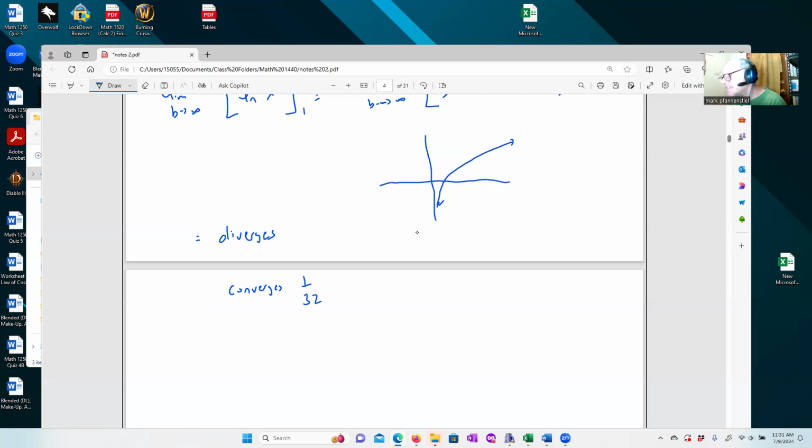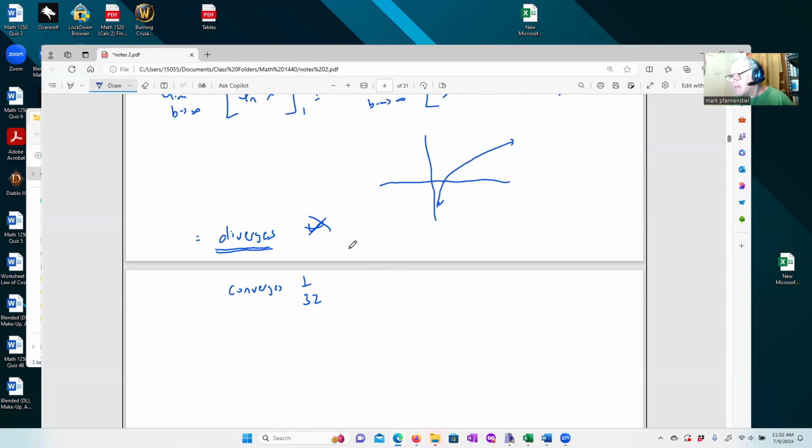So divergent doesn't mean that it always goes off to infinity, it just means that it doesn't settle on a specific value. We don't want to write down that it goes off to infinity. We want to say the integral diverges. You can say it diverges off to infinity, but mostly we're just going to say it diverges. People are going to figure out what we meant by that. So that's what we do for those things.